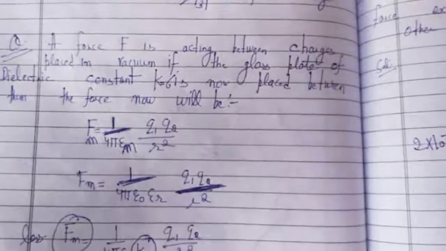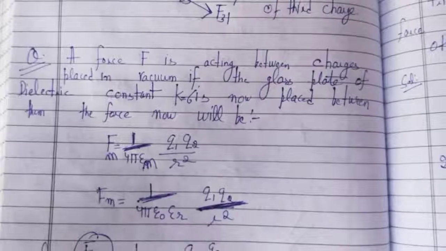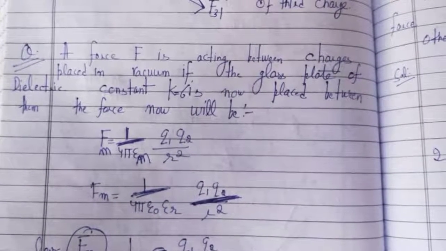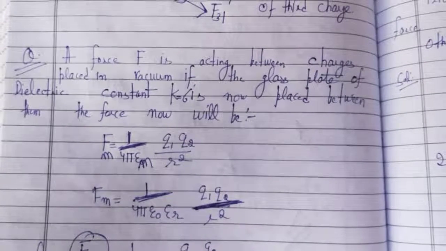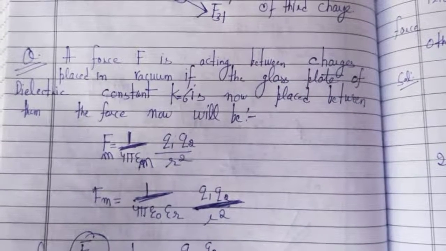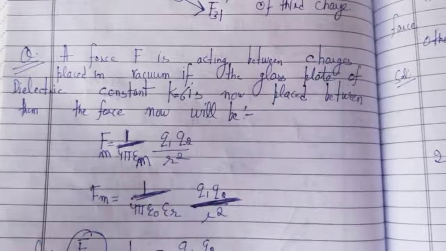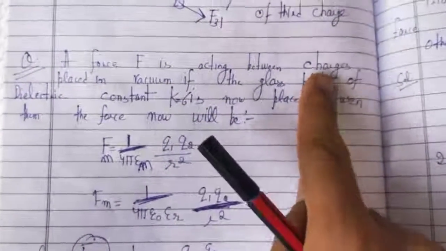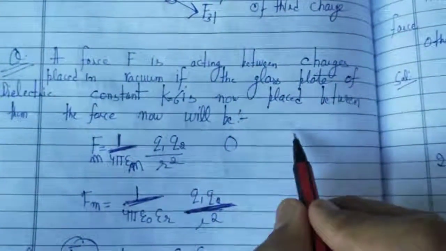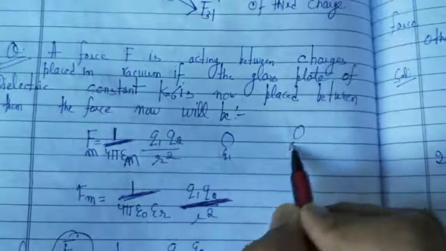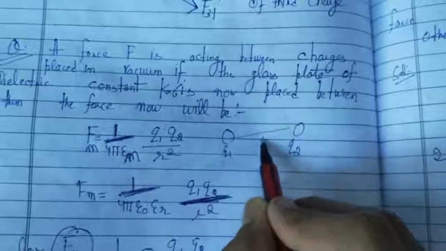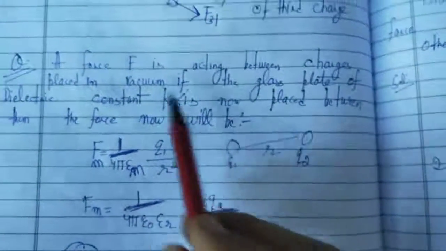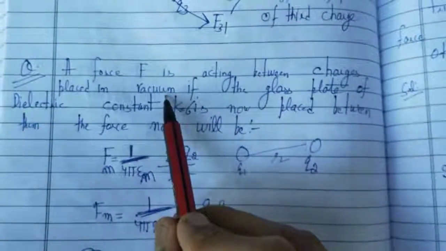So next question is, a force F is acting between charges placed in vacuum. If a glass plate of dielectric constant K equal to 6 is now placed between them, then what will the force be now? Suppose there are two charges, one is Q1 and one is Q2, separated by a distance of R. You know that the force is acting between them, and these charges are placed in vacuum, in some medium.